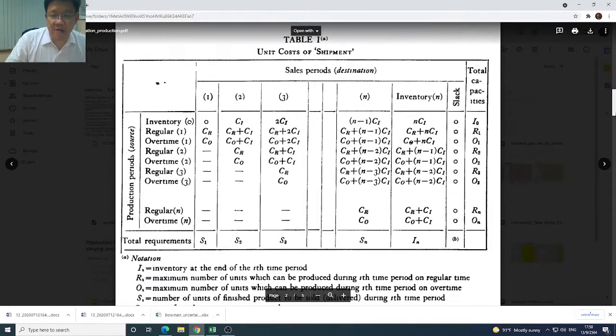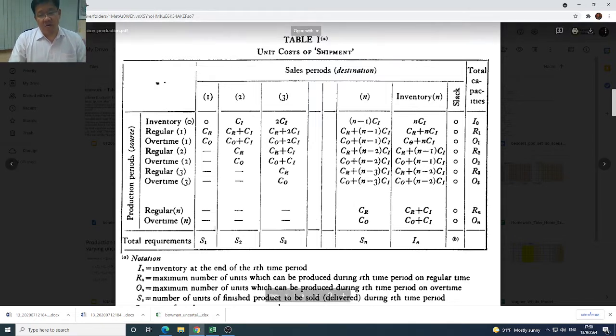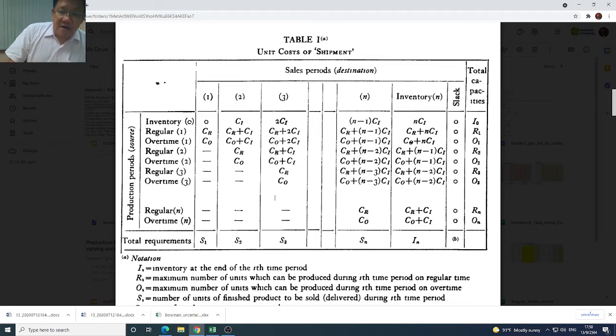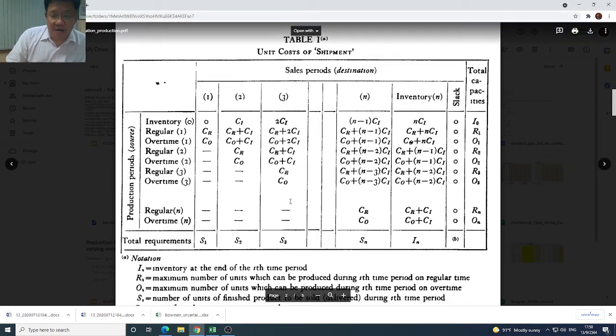We reviewed the important results of the Bowman model, which can be reformulated as a transportation problem, where the source capacity represents the supply, and the sales in each period represent the demand location or customer demand.